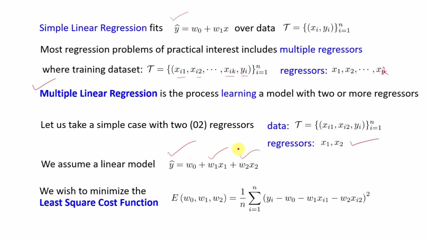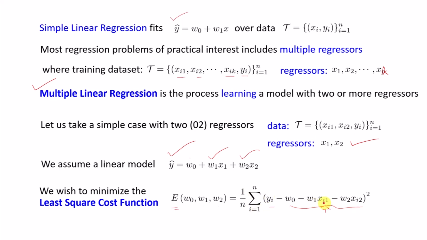So the goal is obviously to minimize the cost function, that is E, but E is now a function of three variables, w0, w1 and w2, and the expression of E is given by 1 by n summation of y minus y hat squared, and this y hat is w0 plus w1 x1 plus w2 x2, and we will sum over i data set.